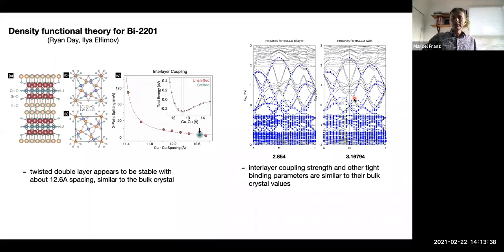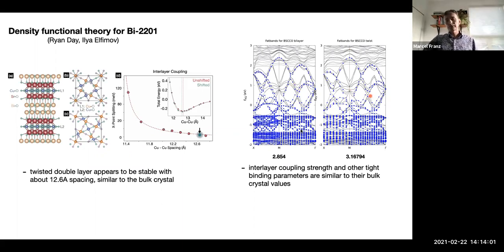And this also should give you some flavor for why in the literature people don't agree on, even for the untwisted structure, what this interlayer coupling might be. It's simply because these band structures look very much like this. And depending on which feature of these band structures you look at, you simply arrive at different conclusions.